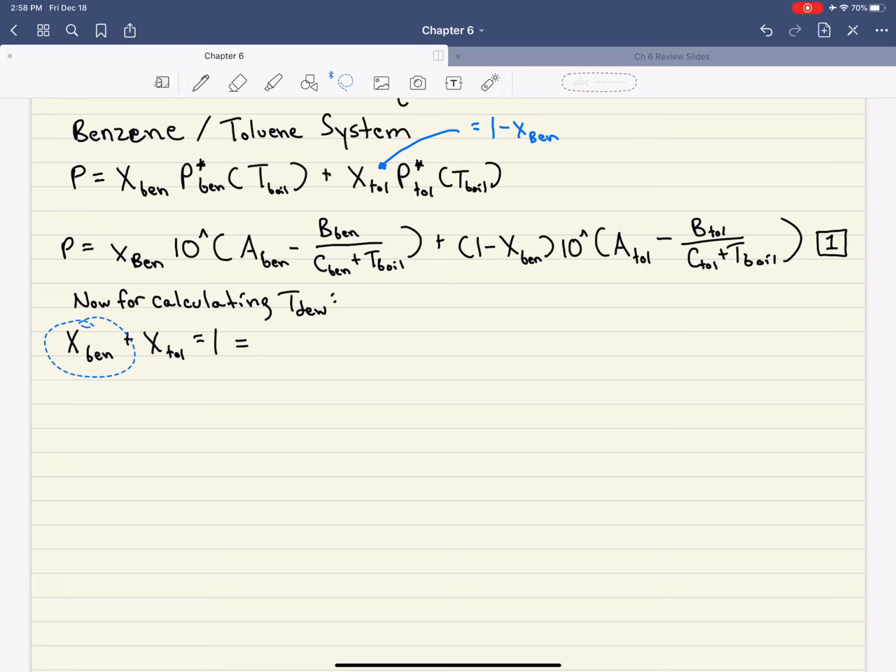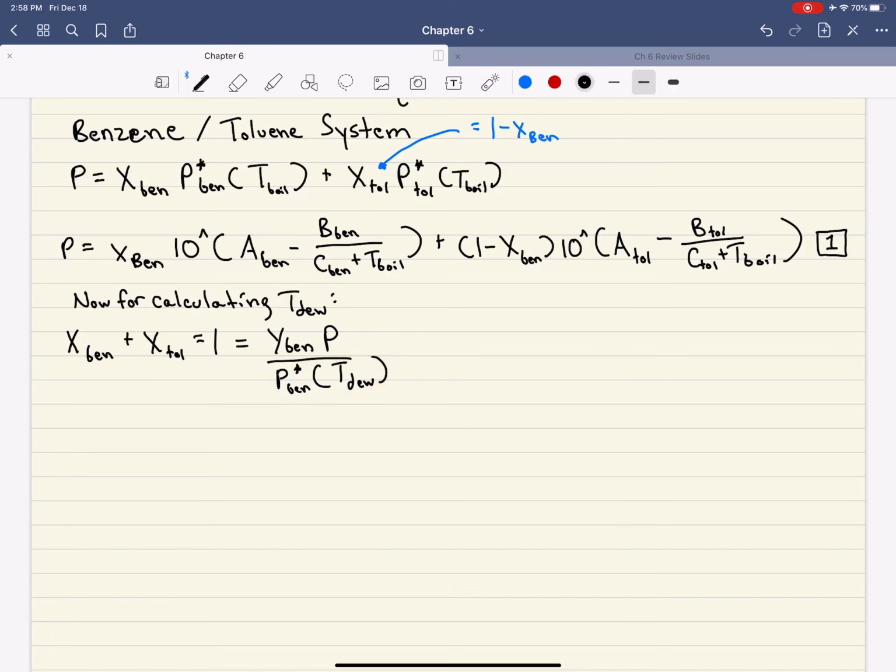our X benzene is going to be equal to the Y benzene times the total pressure divided by the vapor pressure. Once again, this is just from Raoult's law. Right? And since we care about the dew point pressure, our vapor pressure we're going to calculate is going to be at T dew.